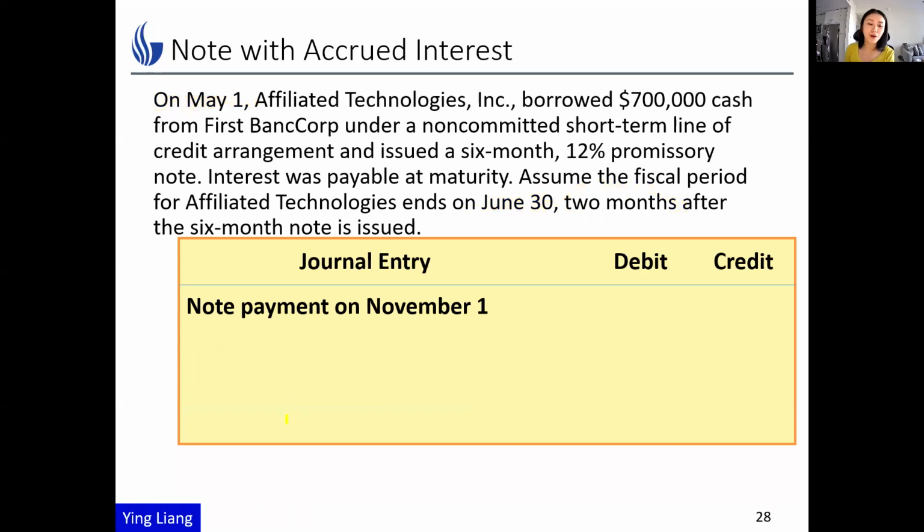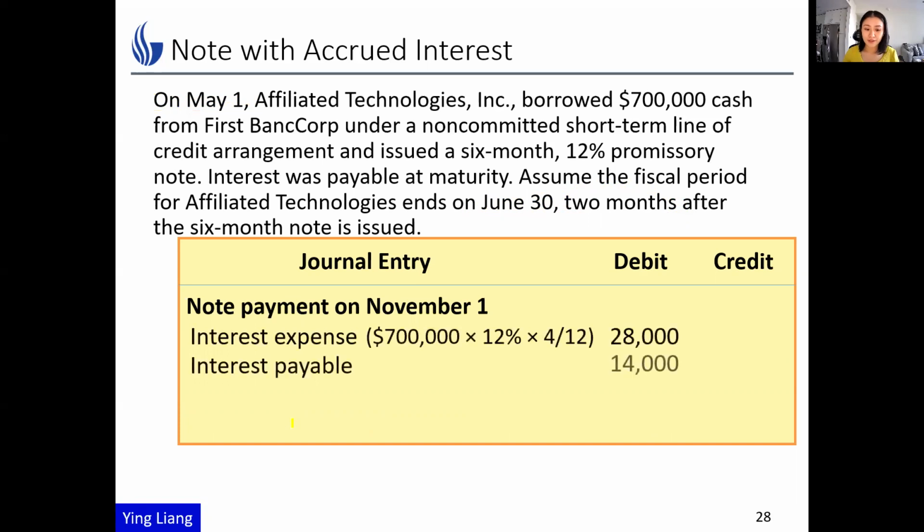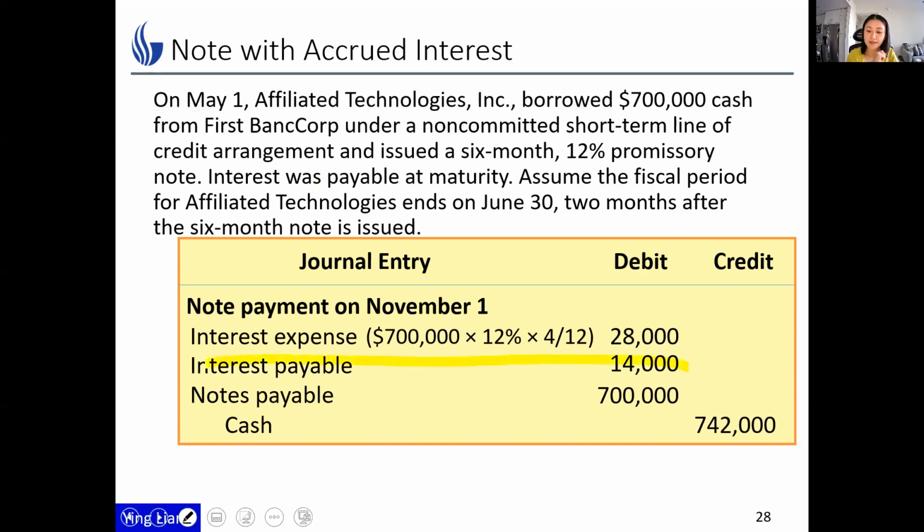Then, of course, on November 1st, when the note matures, you're going to pay back the principal as well as the interest. Now, you have already recorded 2 months of interest and put it in interest payable. This time, you're going to debit it, meaning removing the debt. So debit for $14,000. And for the rest, in the new year, there are going to be 4 months, right? 6 months minus 2 equals 4.